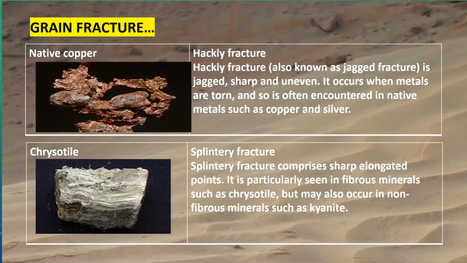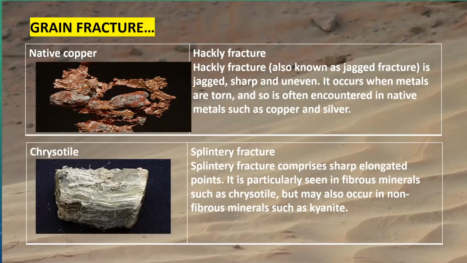And then next is the native copper, or the hackly fracture, which is a jagged fracture. It's sharp and uneven. It occurs when metals are torn and is so often encountered in native metals such as copper and silver. And then the chrysotile has the splintery fracture, which comprises sharp elongated points.